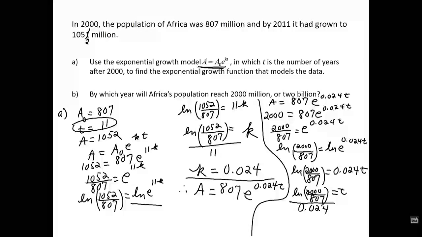And if you use your calculators, we get that t is approximately 38. All right, so therefore, to answer the question, Africa's population will reach 2,000 million approximately 38 years after 2000, which would bring us to what? 2038.